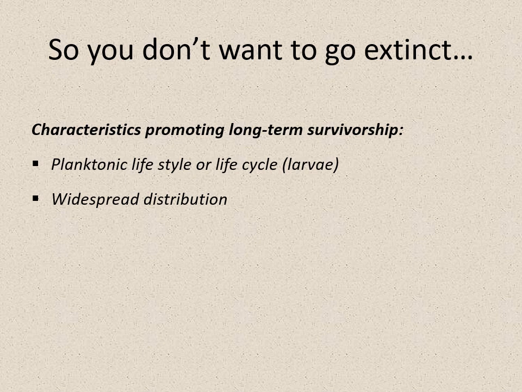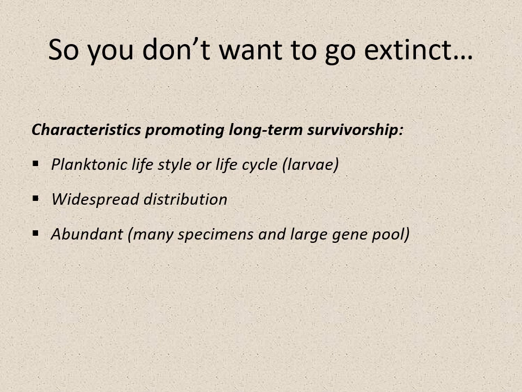Don't be too picky about climate or salinity or ocean chemistry. Be abundant. If you have a small population of organisms, they have a higher chance of going extinct. But if it's a huge population, very, very abundant, with lots of specimens and a large gene pool, you have a better chance of long-term survivorship.